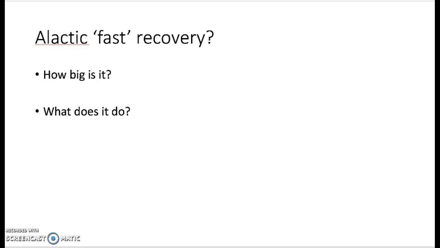The alactic fast recovery wouldn't be very big because we mostly use the slow lactic acid recovery. The alactic fast recovery's role is to resynthesize ATP and PC, and replenish myoglobin and hemoglobin with oxygen, and it is achieved in 2 to 3 minutes.